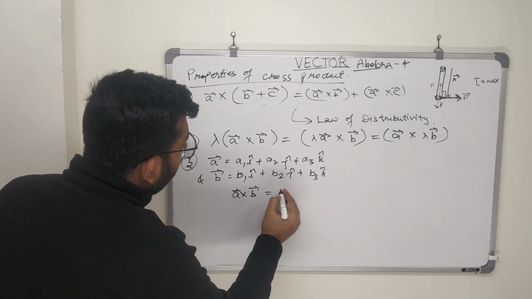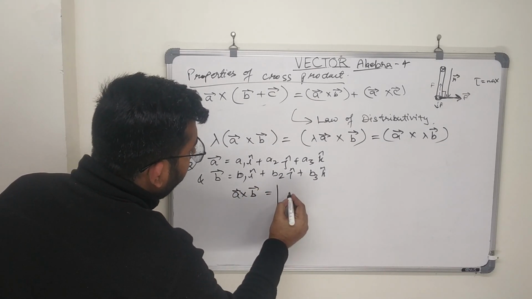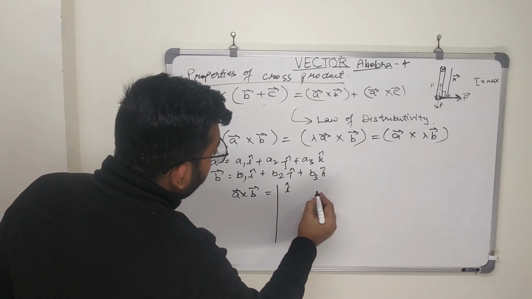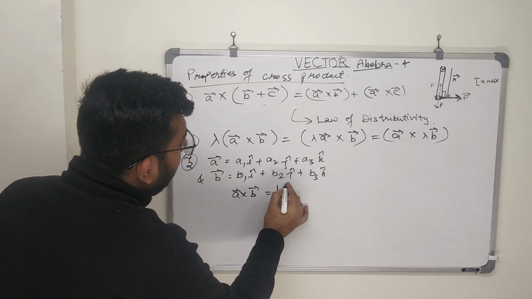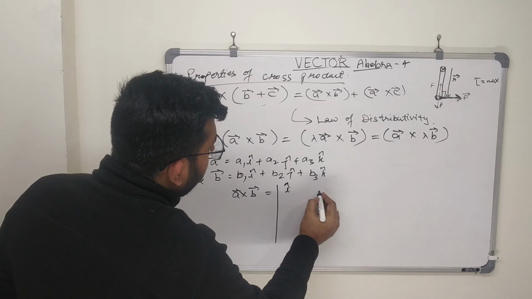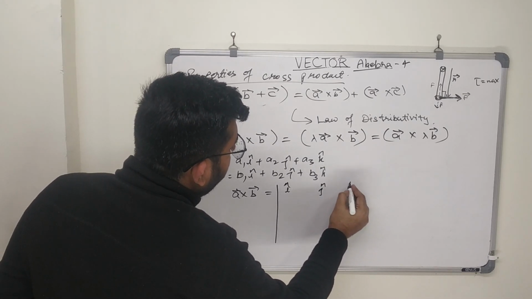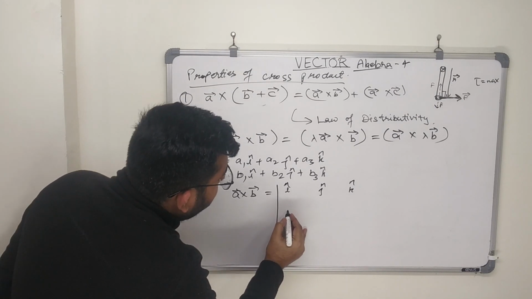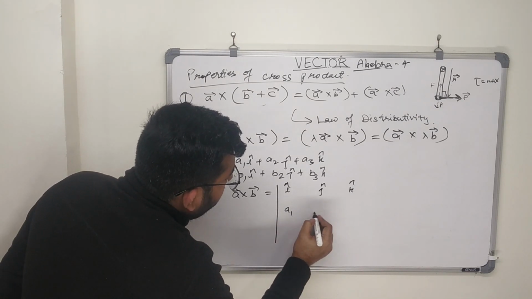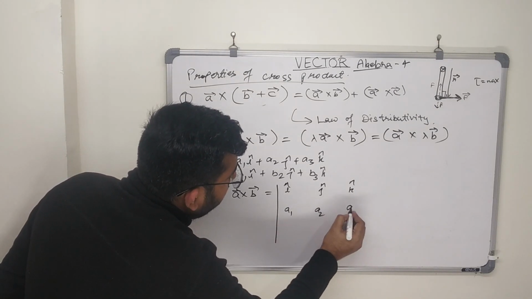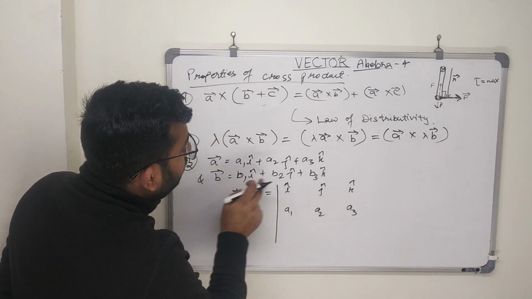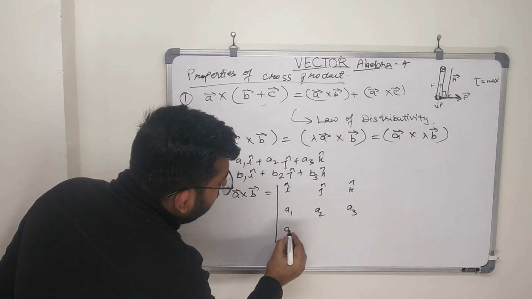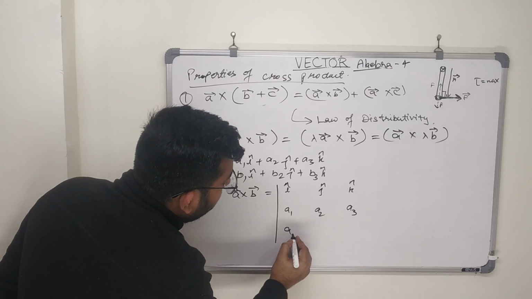So this will be equal to the determinant of i cap, j cap, k cap written in the top row, then A1 A2 A3 will be written in the second row, and B1 B2 B3 will be written in the third row.